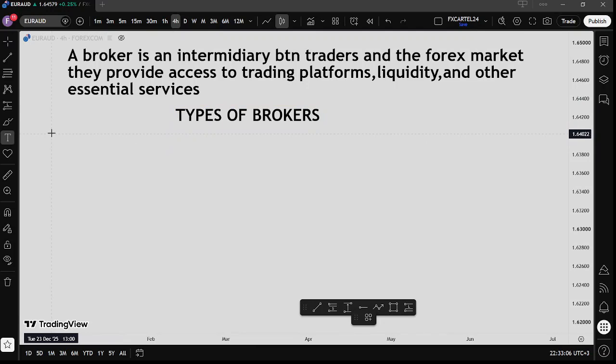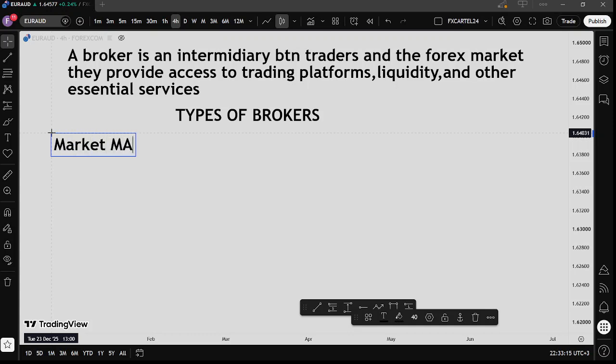We have what they call the market maker, or in brackets you can call them brokers.